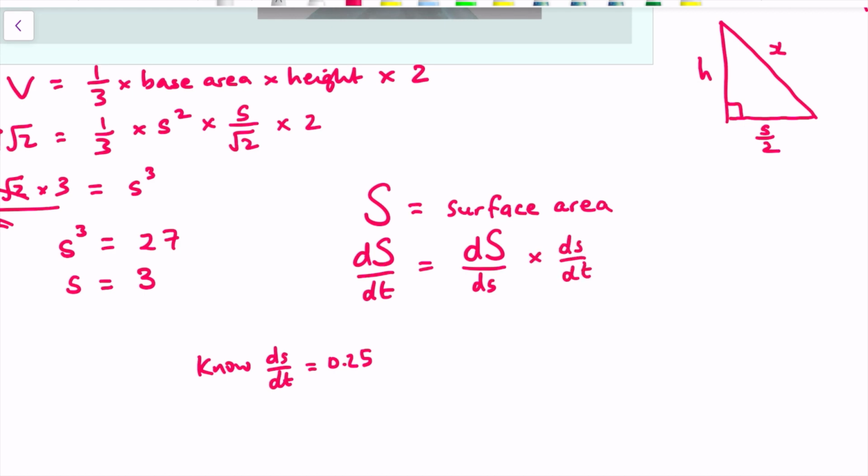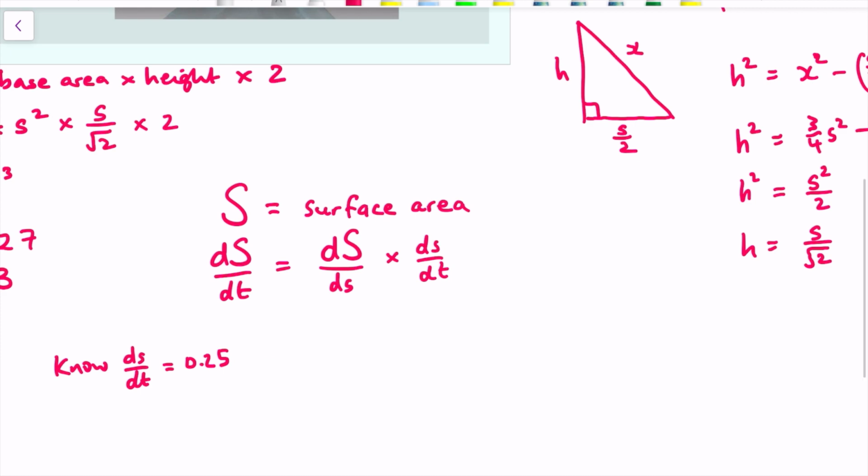Those are the two rates we merge together, because if we multiply those together, we get the rate we need. Okay, so ds/dt is in the question, 0.25. The rate that we need to be able to work out the one that we want is this one. That's the related rate.